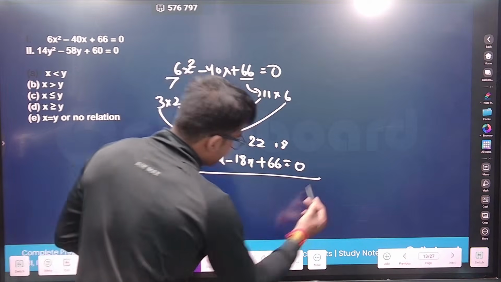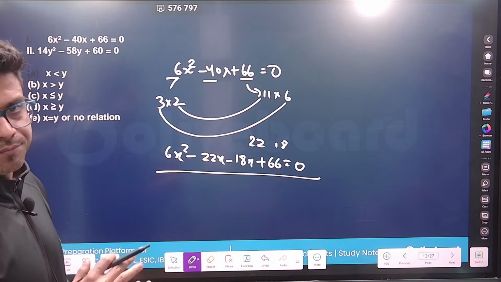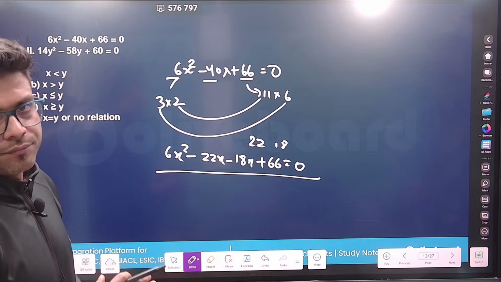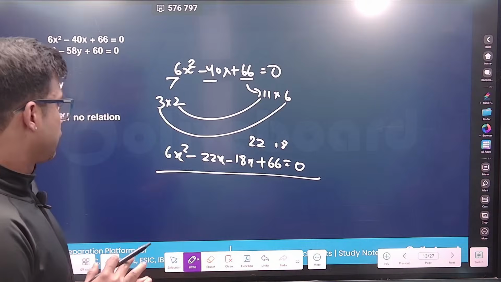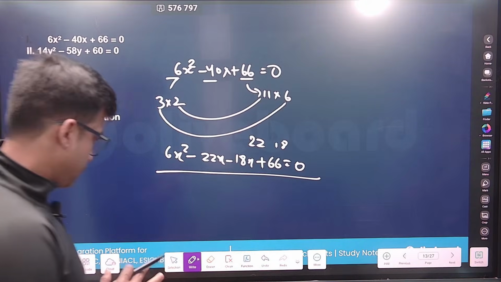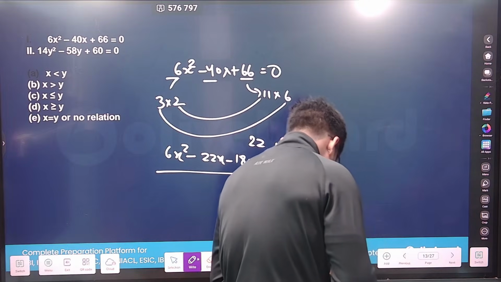Now say the roots fast. Yeah, that's very good.